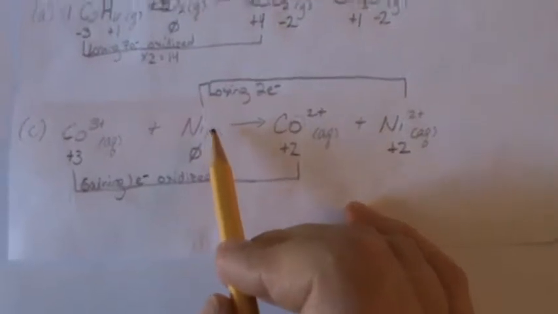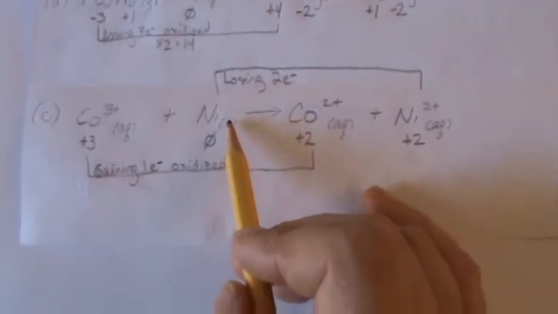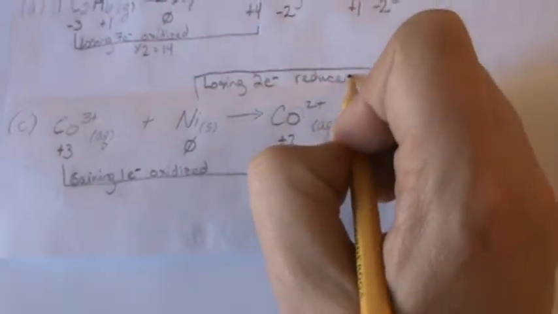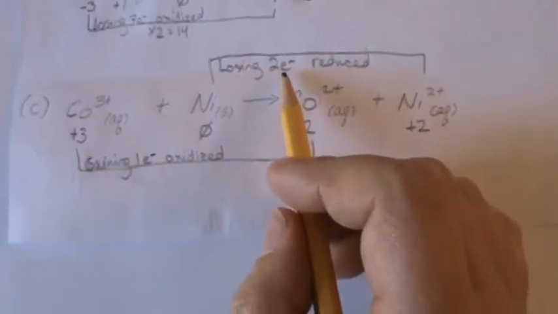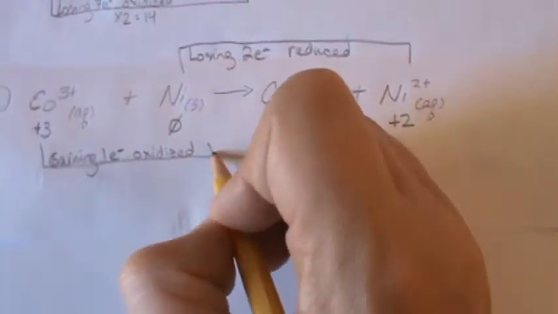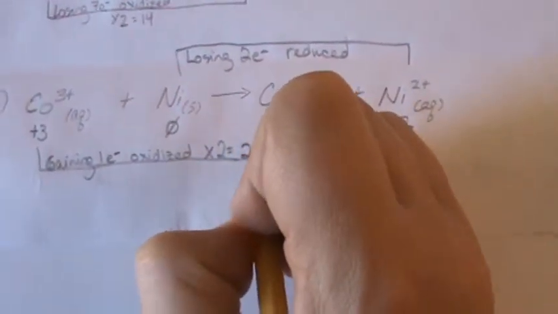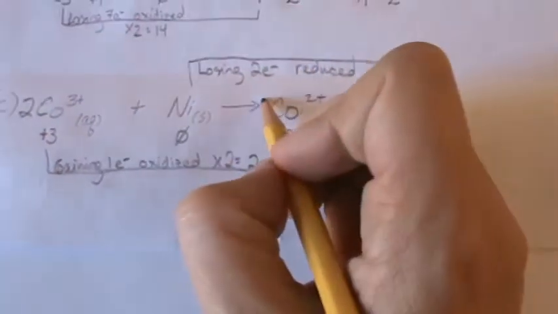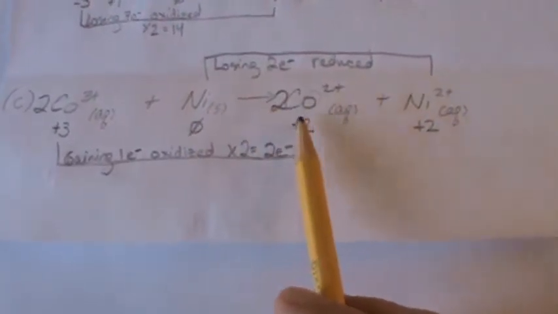Each nickel loses 2 electrons, and those electrons have to go somewhere. We need enough cobalts to take them all, and each cobalt gains 1 electron, so we need 2 cobalts. So we have 2 electrons lost and 2 electrons gained. Our answer here is 2 Co3+ plus Ni gives us 2 Co2+ plus Ni2+.